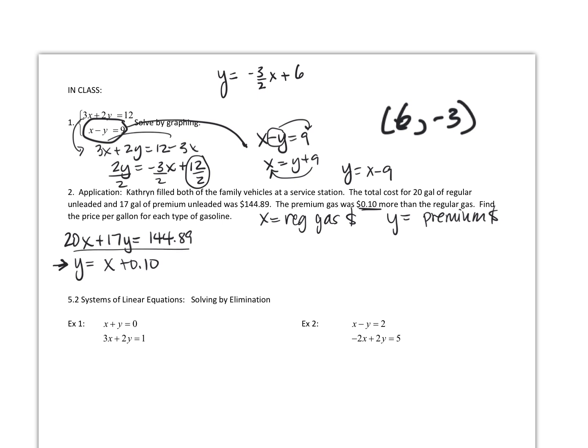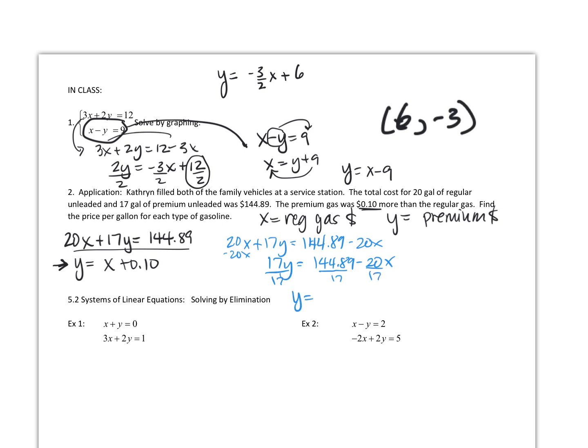This one's going to take some rearranging, so let's do that. Let's move it over here for funsies. Let's move the 20x over. Then what would I do? Divide through by 17.